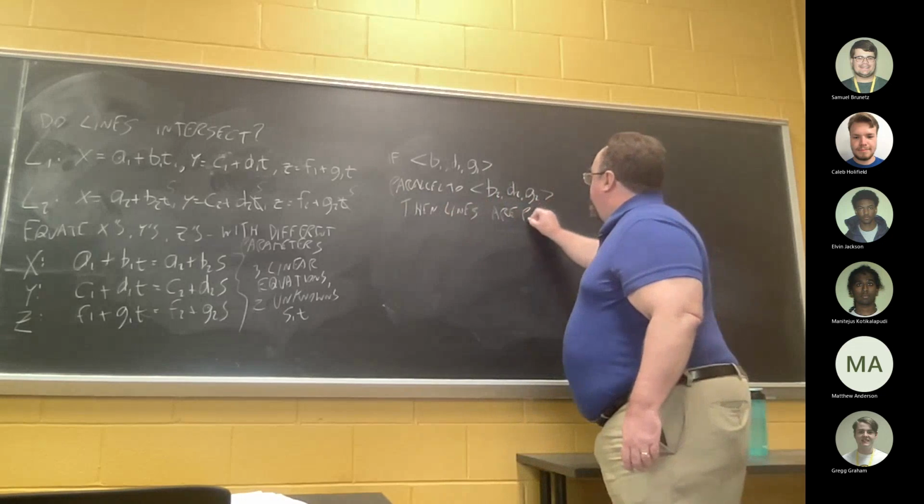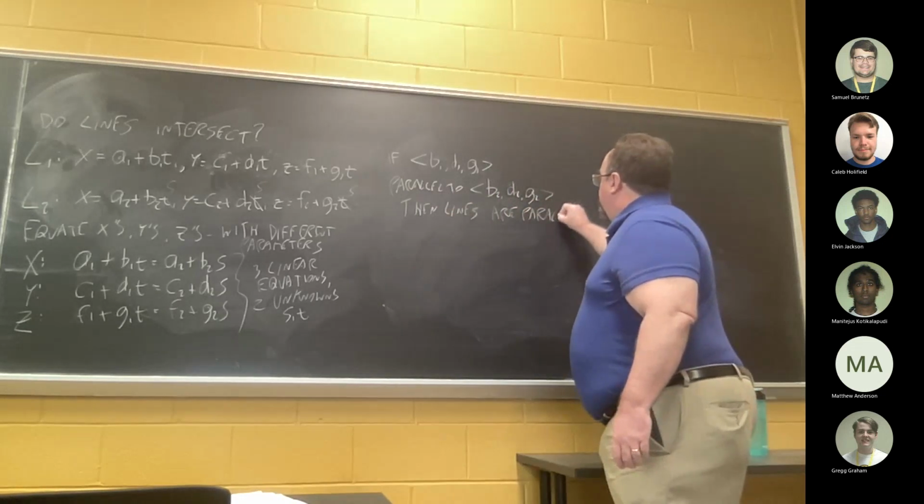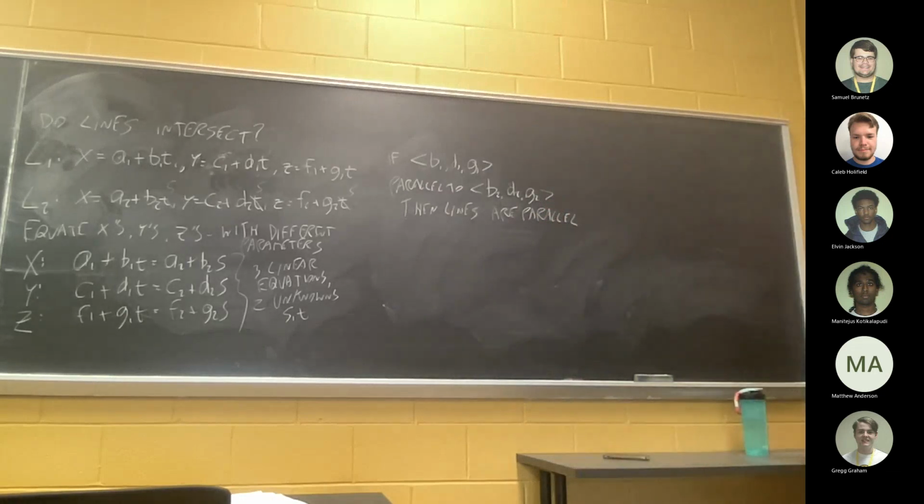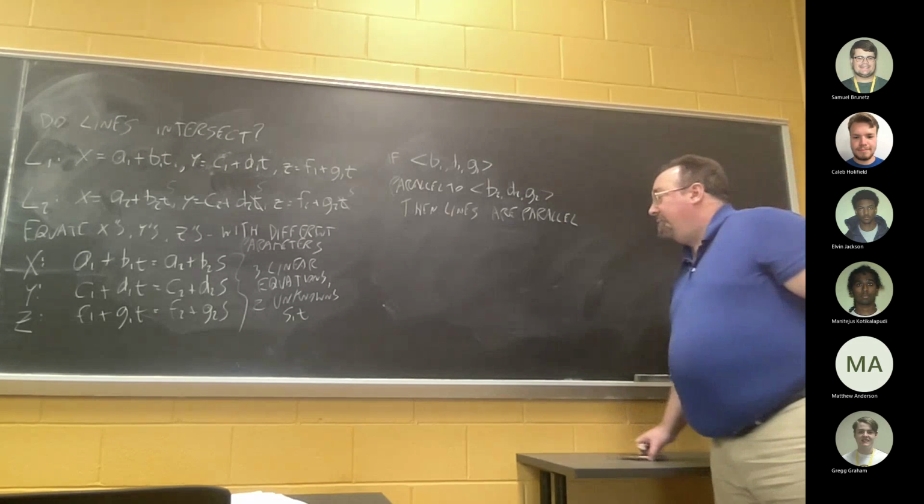So for the rest of today, we're just going to assume that they're not, because you just check that. If that works out, you're done. Otherwise, your job is to sort out whether they're intersecting or skew. Those are the only two possibilities.